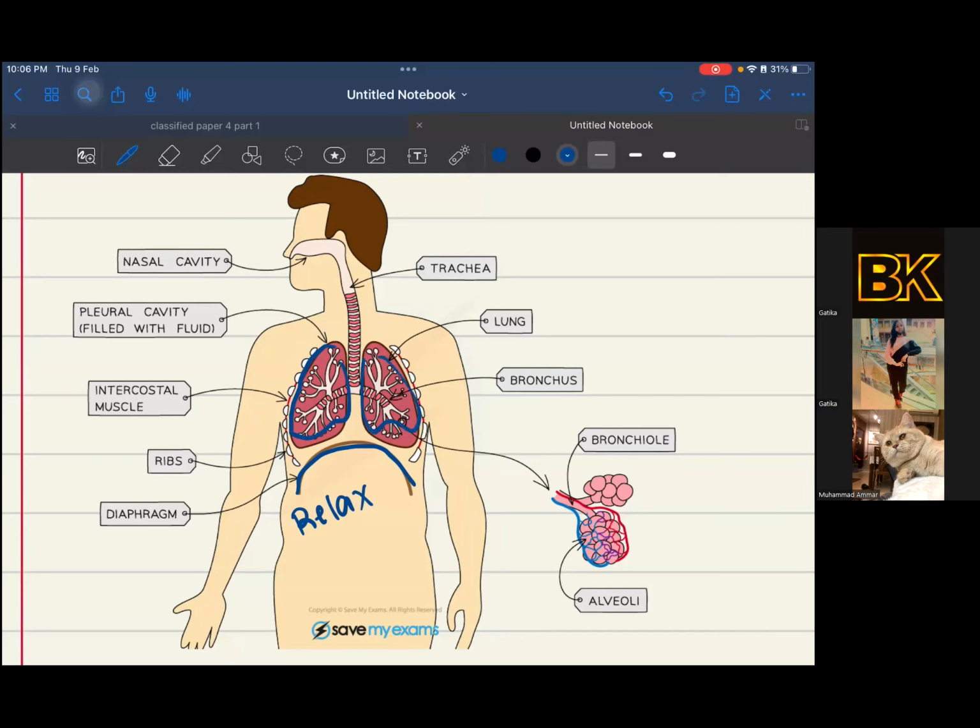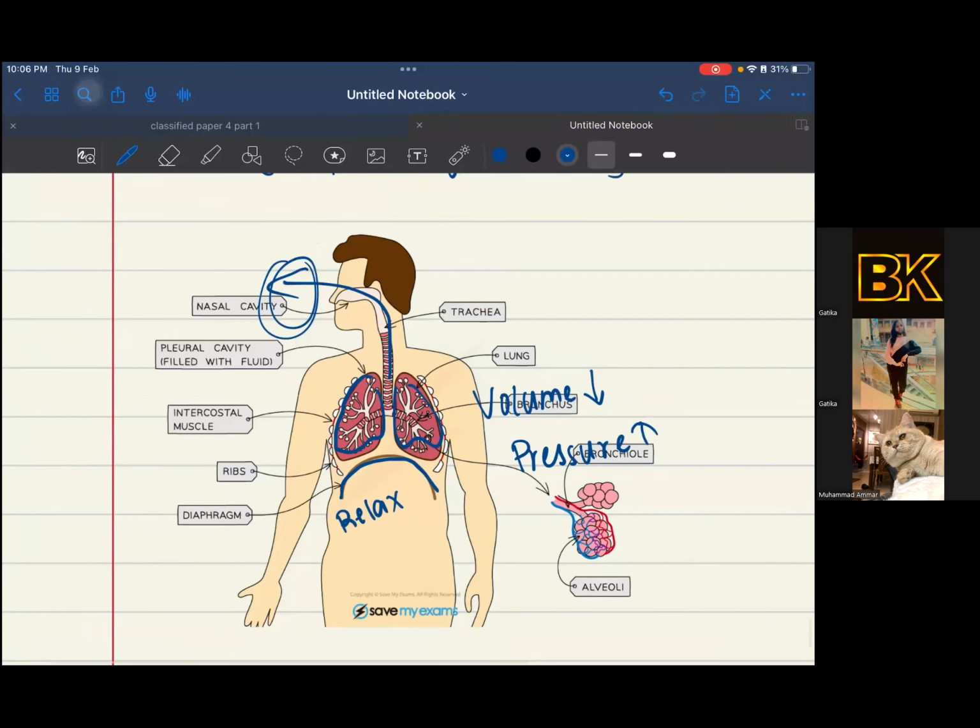There won't be much space. So the volume will decrease and the pressure will increase. So the pressure inside the lungs increases relative to the outside atmosphere. That forces the air to go out. So we're talking about exhalation. Understood? Yep. Okay, that is nice.